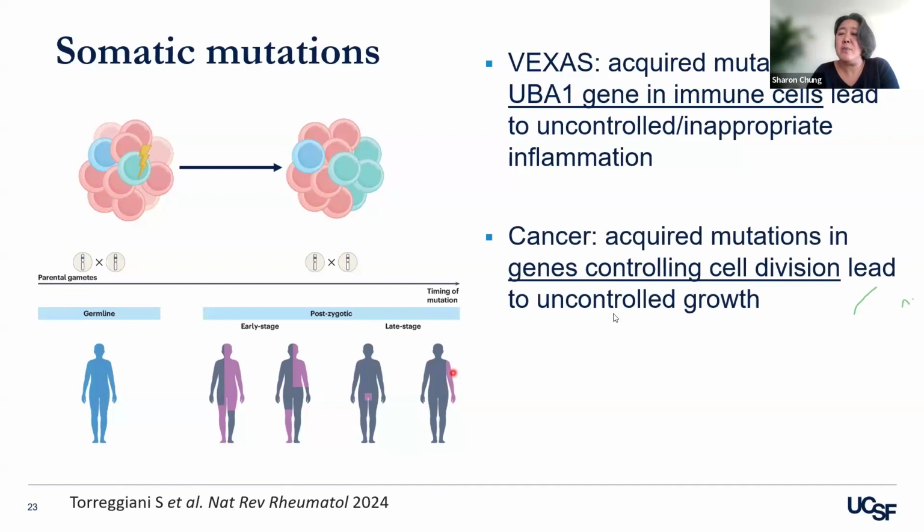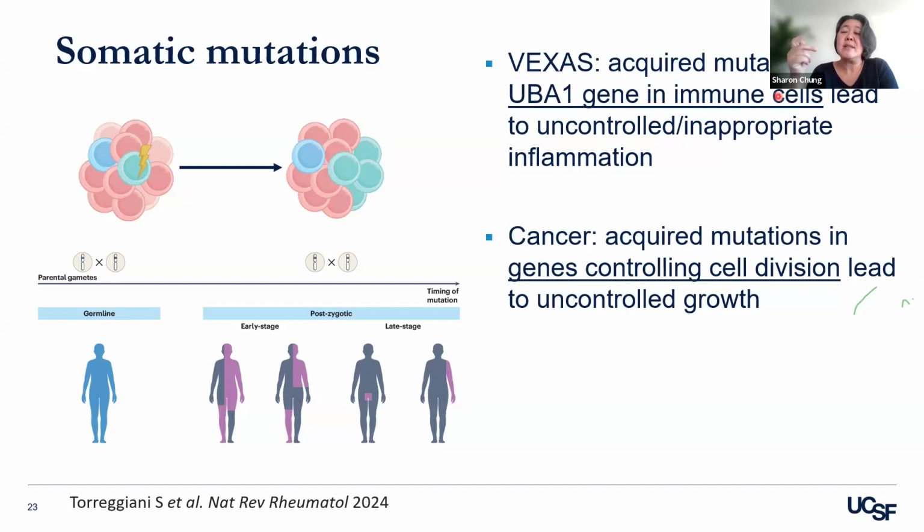And because of this mutation, we have uncontrolled cell growth. And that's essentially what cancer is. Cancer is a group of cells that have acquired mutations in genes that control cell growth, such that they no longer respect the boundaries for cell growth and they keep on growing in places where they shouldn't be growing.